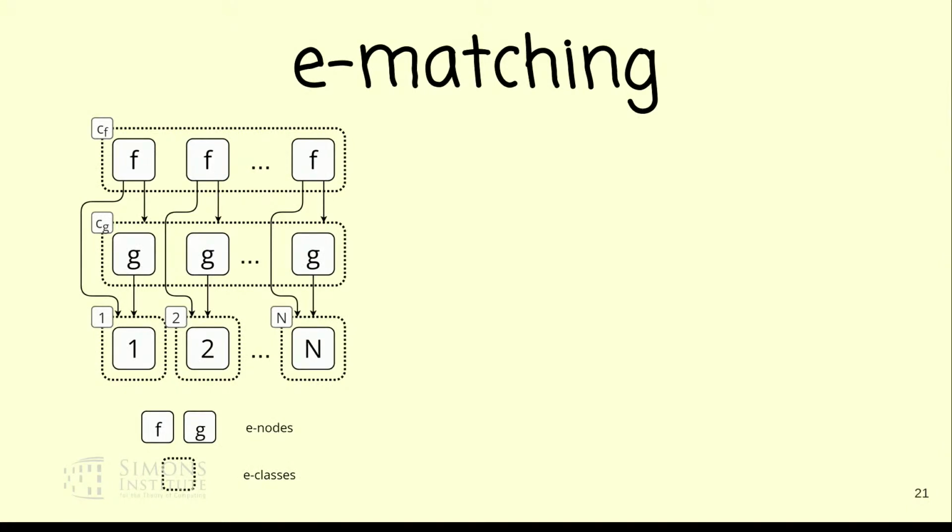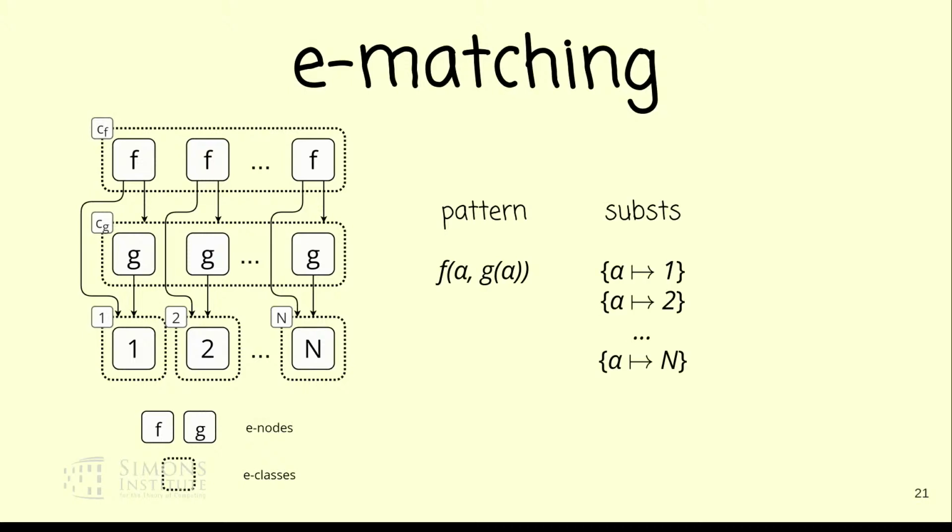Okay, so this phase is called E-matching, and you can think about this as pattern matching modulo equality. So here's another E-graph, it's very contrived. And let's say we are looking for the pattern f(alpha, g(alpha)). This is a nonlinear pattern, meaning that we've got alpha used 2 times, and they better agree in every one of the matches that we find. So what is a match?